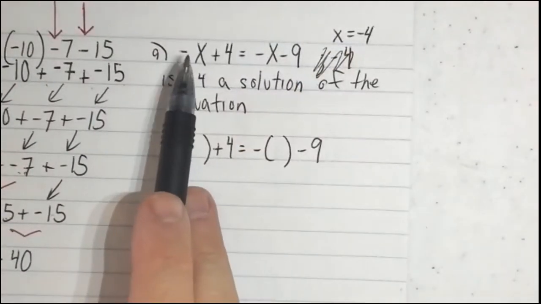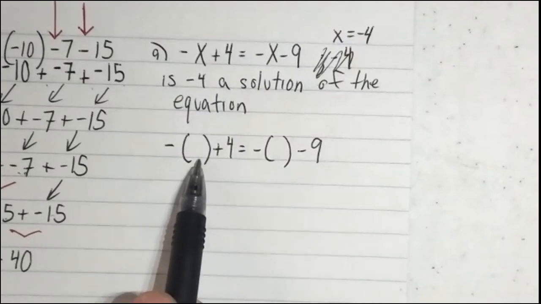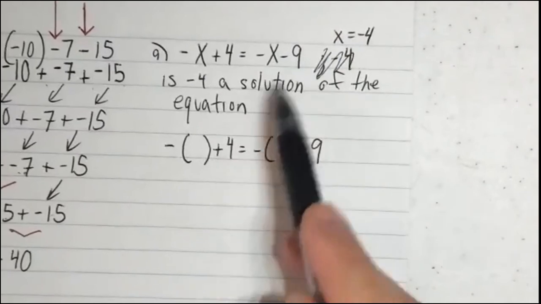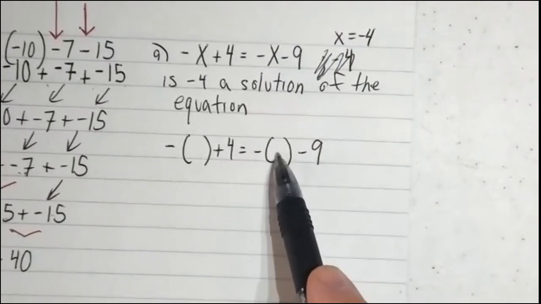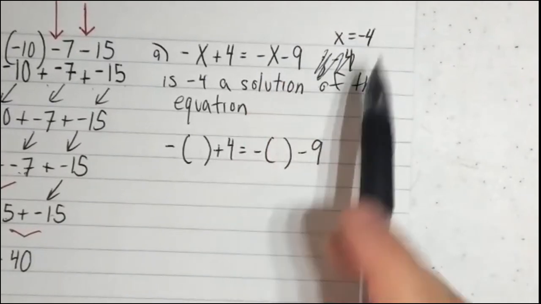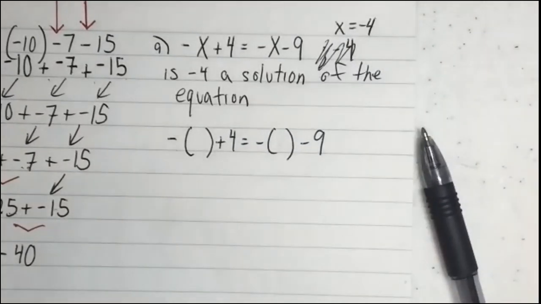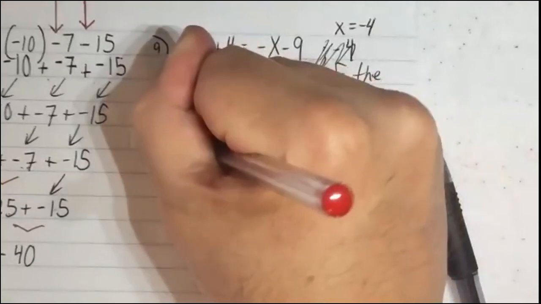I write a negative and then parentheses, plus 4. Negative with parentheses, plus 9. And what value are you substituting in where these parentheses are? We're going to substitute a negative 4 value.